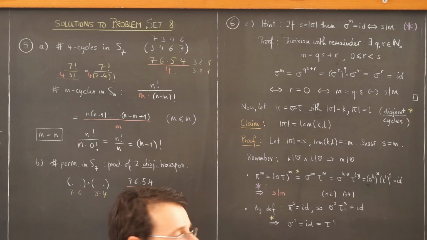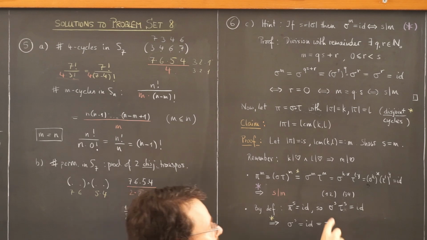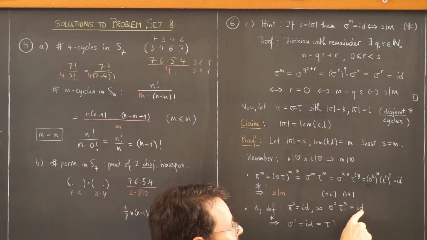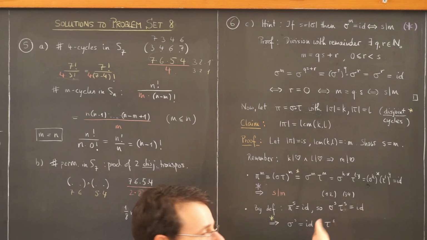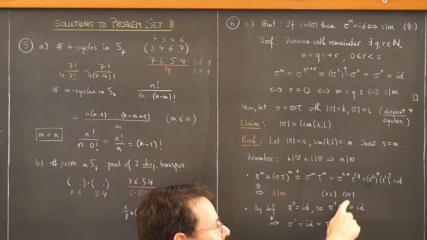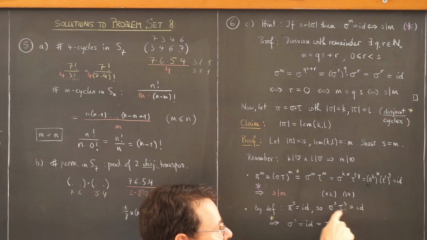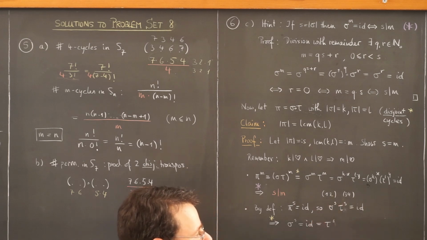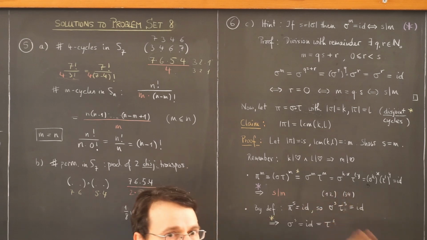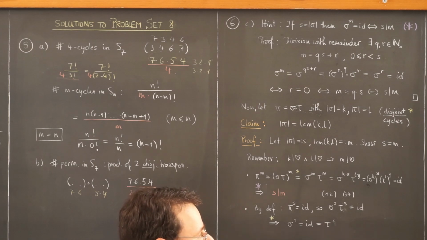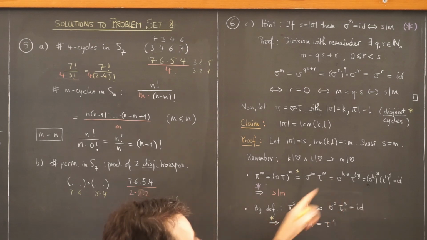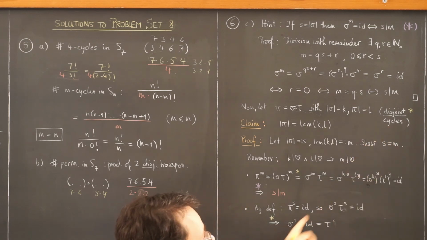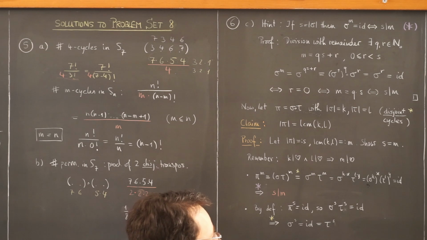They have no numbers in common that they move. So if this here leaves all the numbers fixed, then this can only be the case if those powers already leave all their numbers fixed, because if this here doesn't leave a number fixed, this power here can't change that because it has nothing to do with the numbers of the other permutation. I hope this was clear. So here, very important to note that this is only true because the cycles are disjoint.